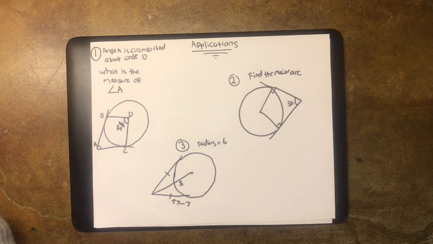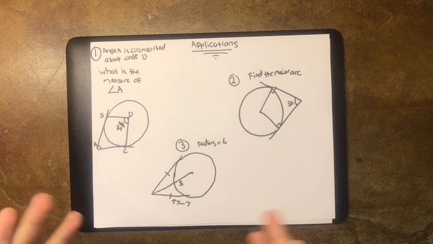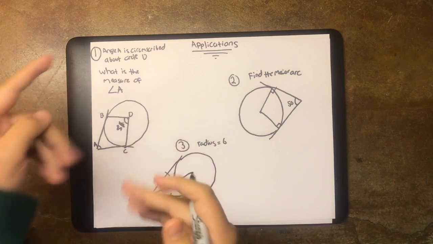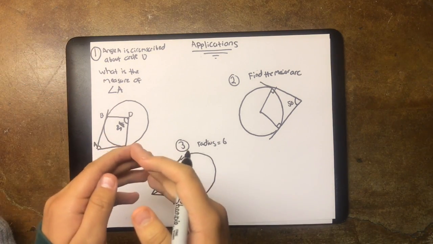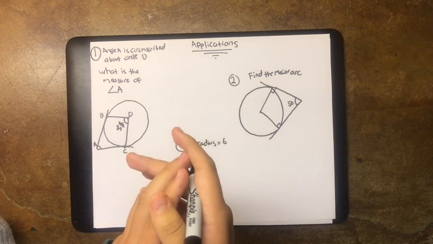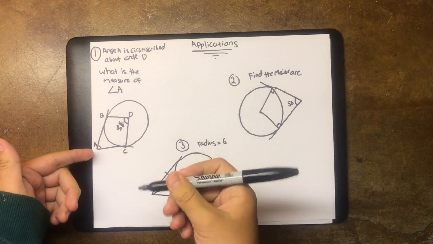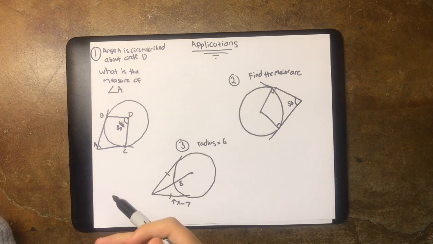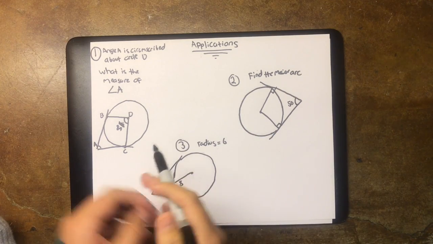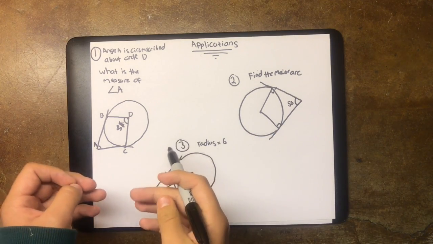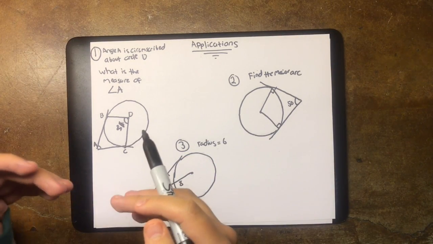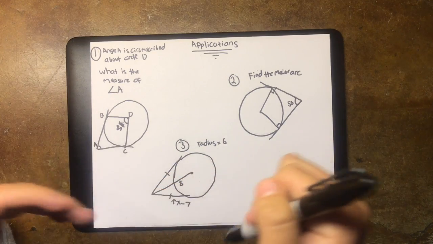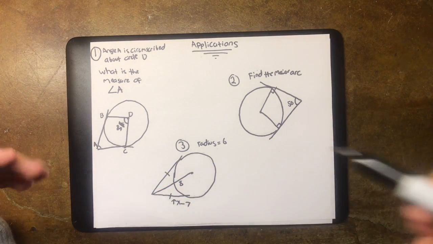Now that I've talked about the characteristics of tangent lines, I'm going to go into actually using them in problems. First, let's look at number 1, where it says angle A is circumscribed about circle D, and we're trying to find angle A. Angle A is circumscribed because when two tangent lines connect outside the circle, they create a circumscribed angle.